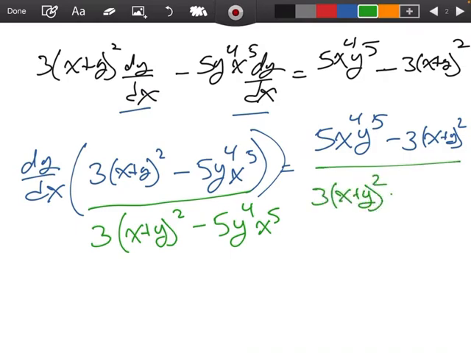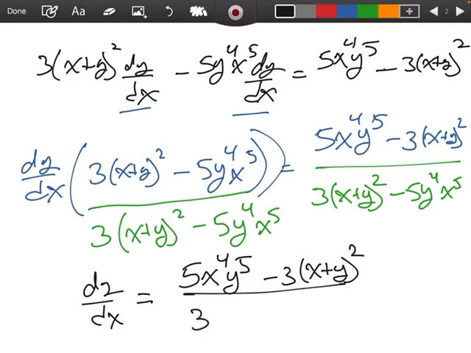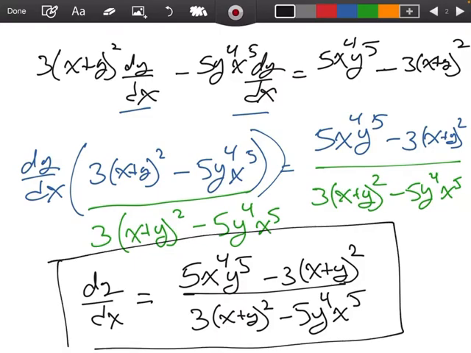So now my final answer for dy/dx is 5x^4 y^5 minus 3(x + y)^2, over 3(x + y)^2 minus 5y^4 x^5, okay? So here's my answer for my dy/dx.